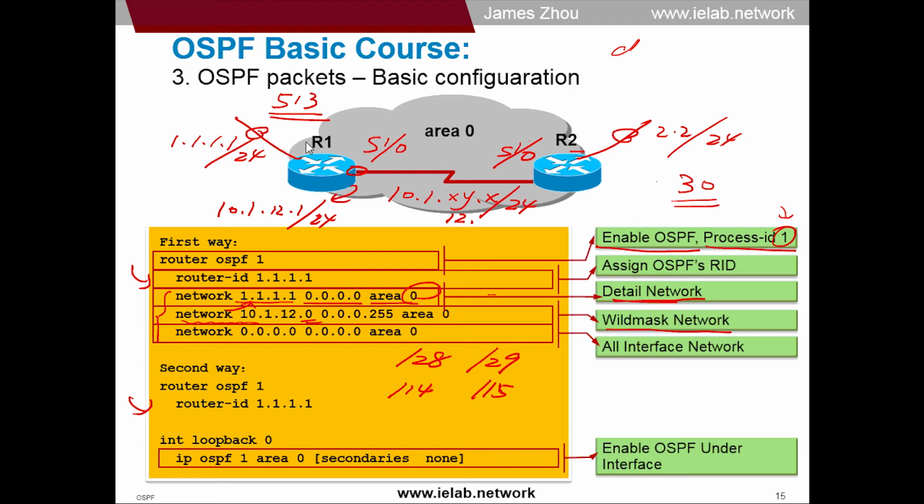R1 is a Cisco device, area 513. R2 will use dotted decimal format. Which value should we configure? Type, I wait.